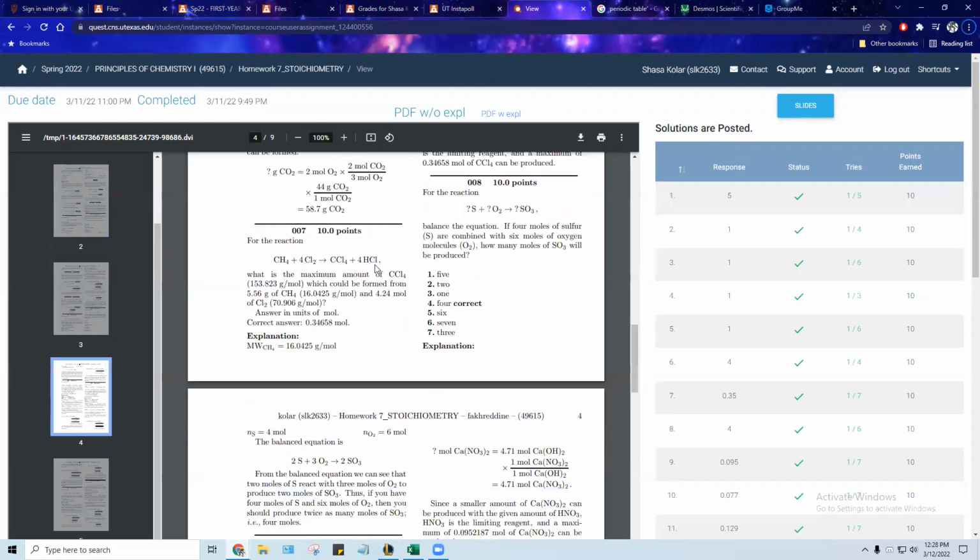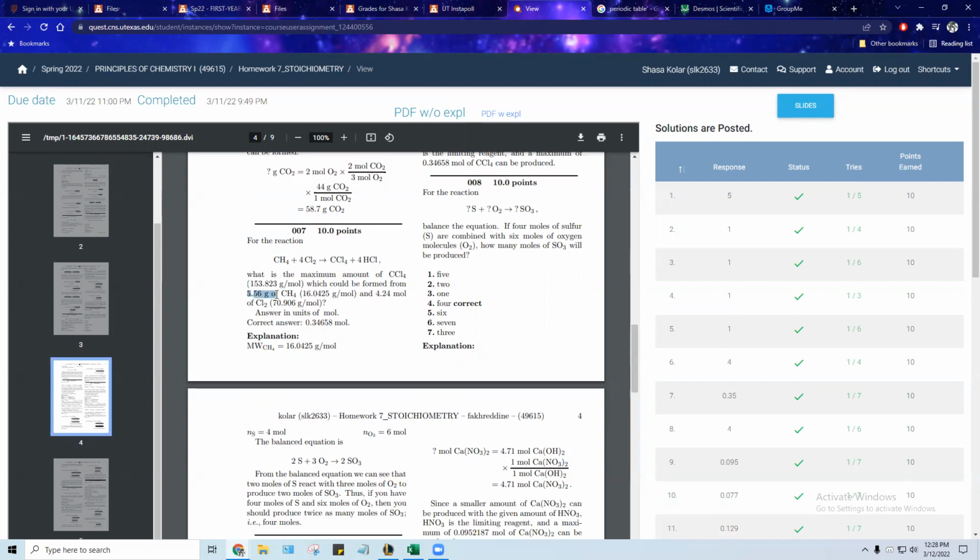So number 7 has this reaction, CH4 plus 4Cl2 makes CCl4 plus 4HCl. And it's asking, what is the maximum amount of CCl4? It wants to know the moles, which is weird because it's telling us its smaller weight, which doesn't make sense, but it's fine. It's just unimportant information which you need to ignore.